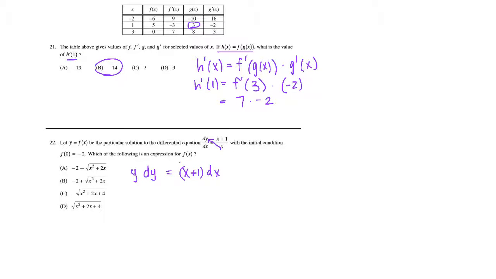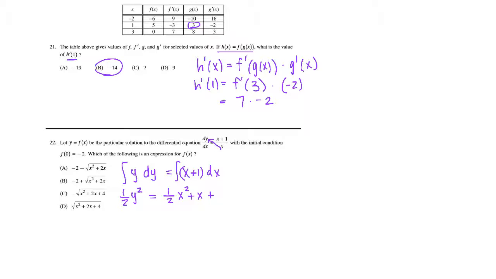This is multiple choice, so it's okay to go ahead and integrate here. So that's going to give me y squared over 2, or 1/2 y squared, equals 1/2 x squared plus x plus c. And notice here we're not seeing that just yet, so we need to continue our solving process.